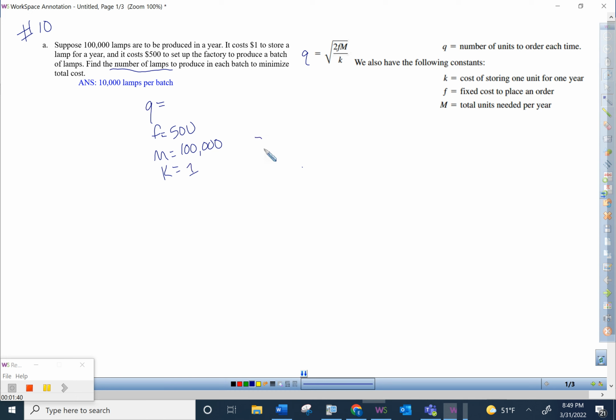We can go ahead and set it up. 2 goes first, then our F value of 500, then our M value, that big 100,000. And then we're going to divide by 1. What I'm going to recommend when you type this in is don't do the square root to begin with. Just do the stuff inside.